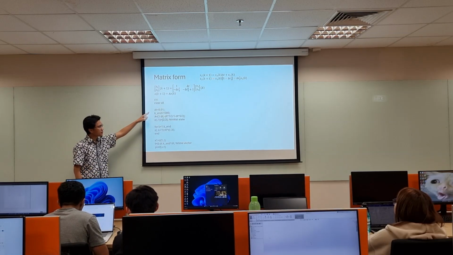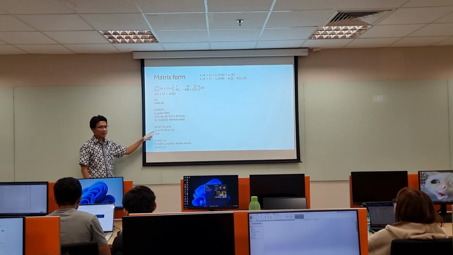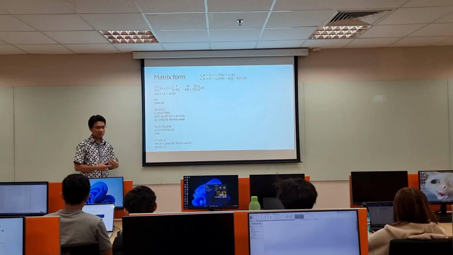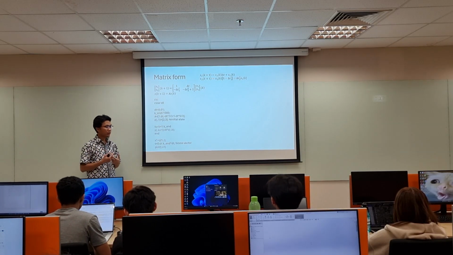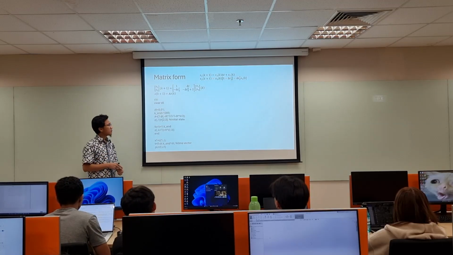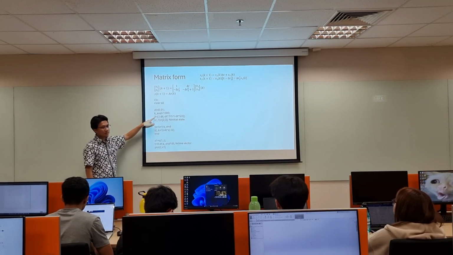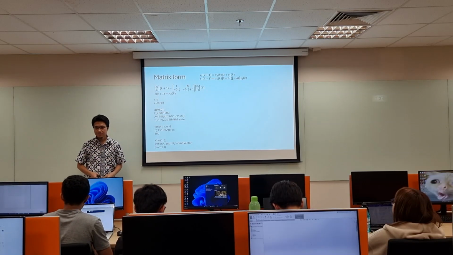So in MATLAB, I just have one line in here for the dynamics of the system. Compared to the previous case, where we have two lines. But then in here, I express what my matrix A is. My matrix A is there. I can put it on the top because it is a constant matrix.